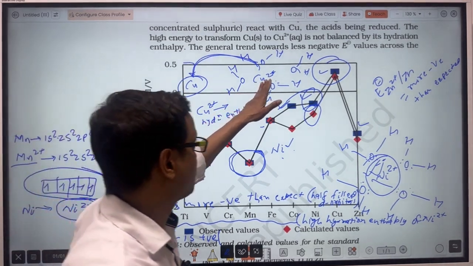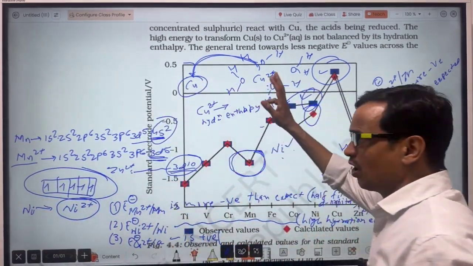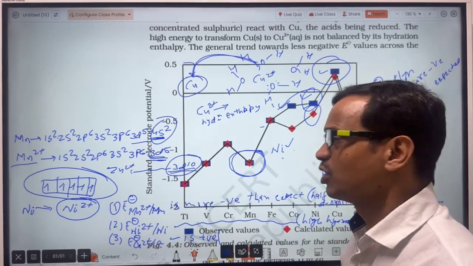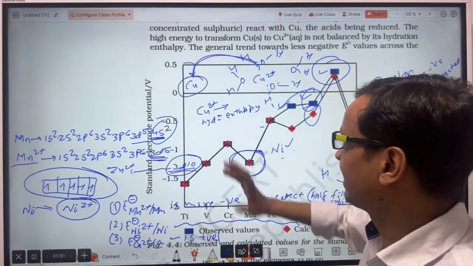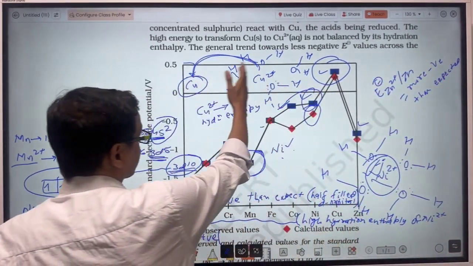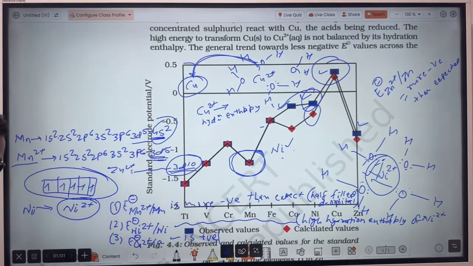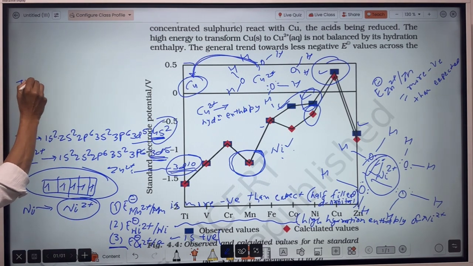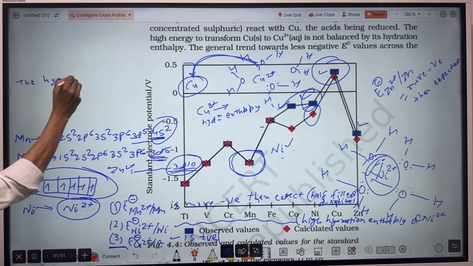The hydration enthalpy of Cu2+ is not enough for the release of an electron from the copper atom. That's why the standard electrode potential of Cu2+/Cu is positive.